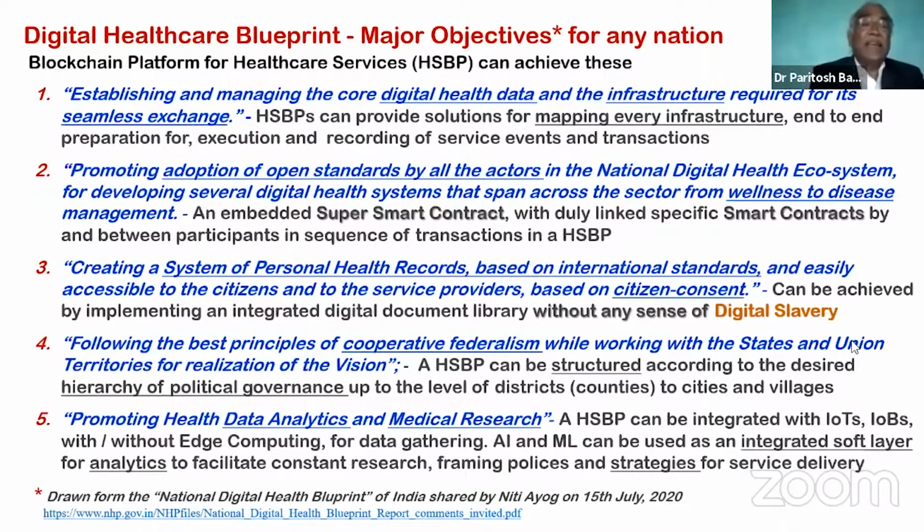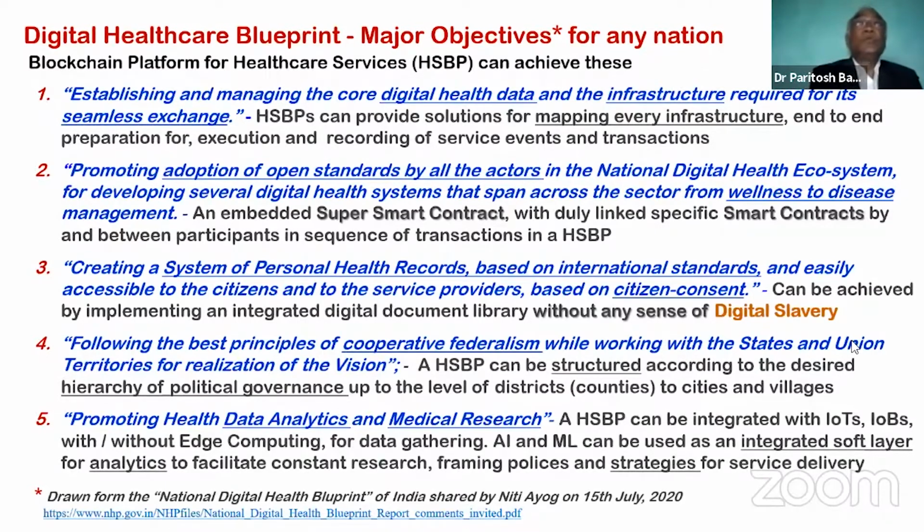I personally feel that a digital platform in blockchain technology will be able to map and connect all the infrastructure in an information and transaction recording network, which can help end-to-end data gathering, which will help with preparation, execution, recording, and delivery of services, including events of transactions in the entire domain of healthcare services to be delivered.